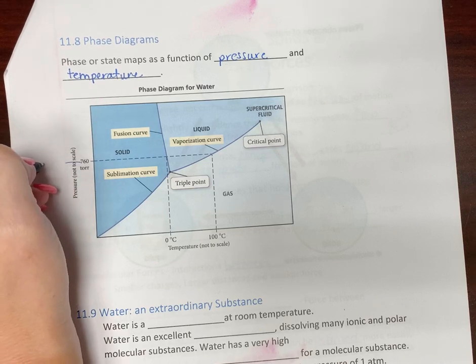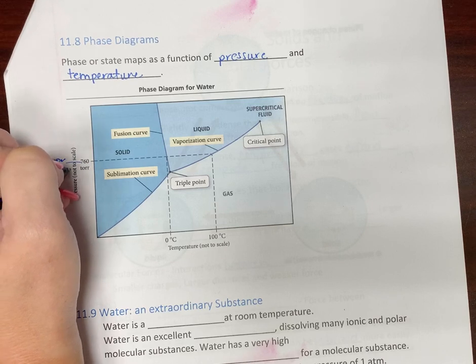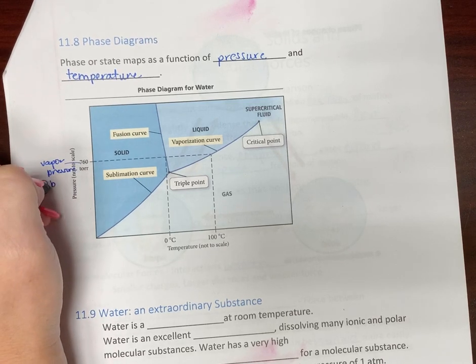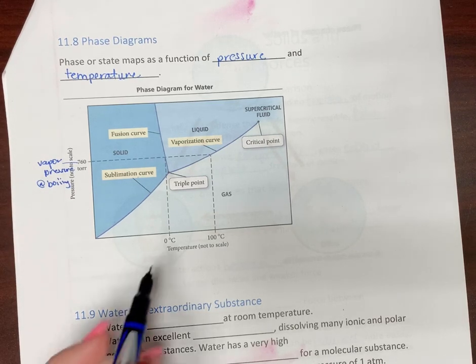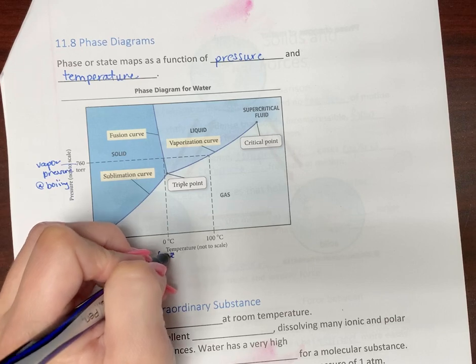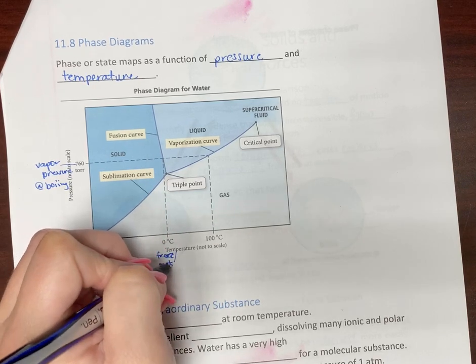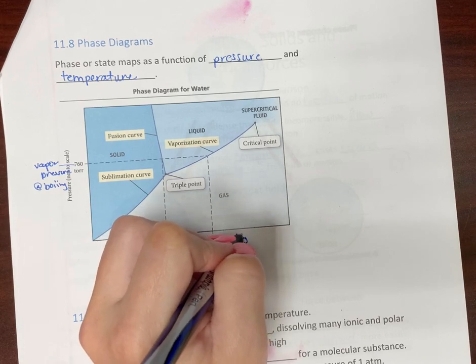So this is going to be your vaporization pressure. That's actually going to be your vapor pressure at boiling, at your boiling point. And then here, this is your freezing or melting, freeze, melt, and your boiling point temperature.